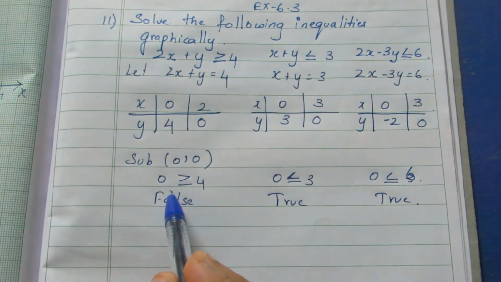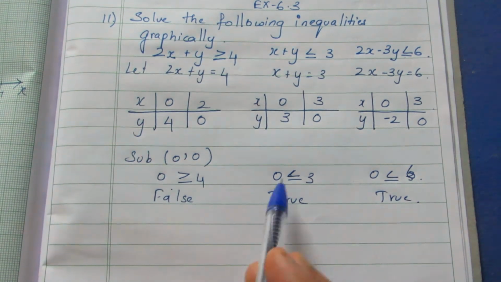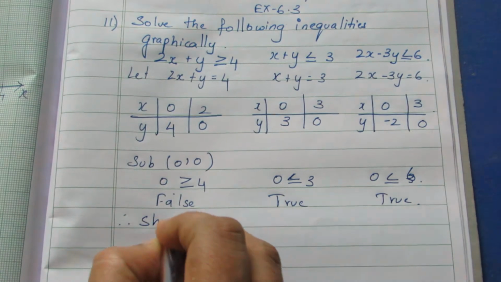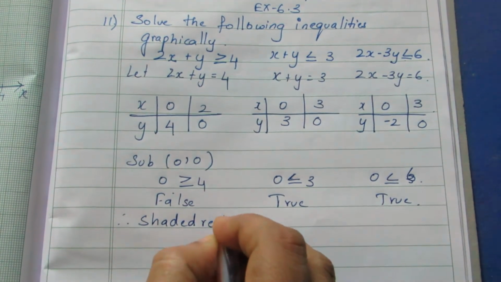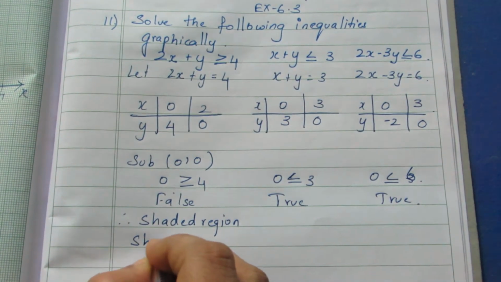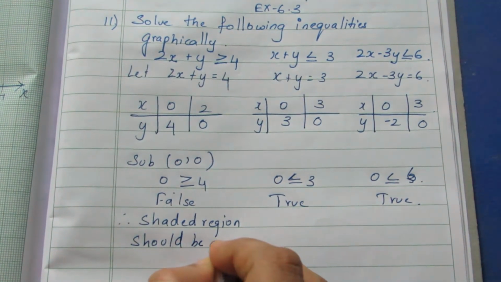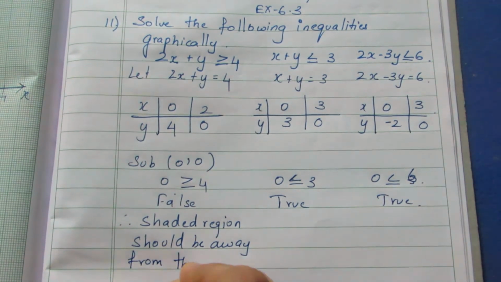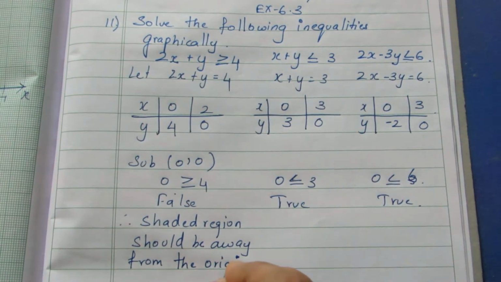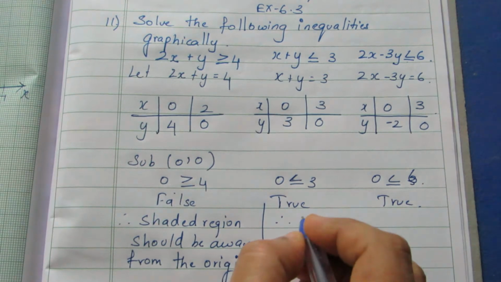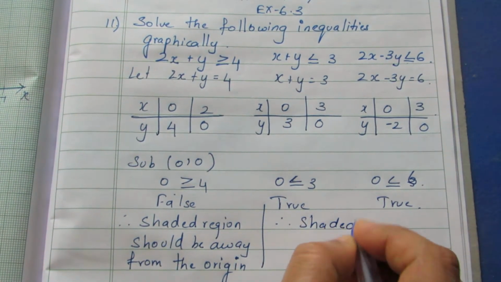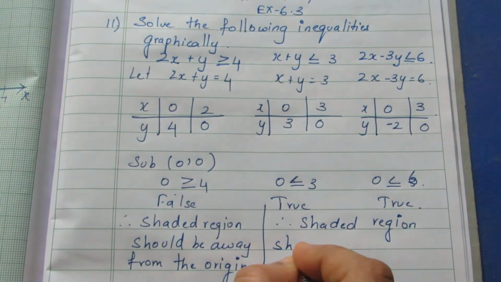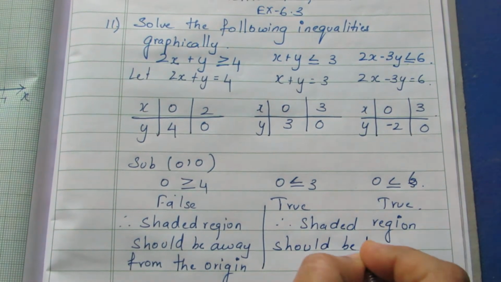So in the first graph the shaded region should be away from the origin. In these 2 cases, the shaded region should be towards the origin.